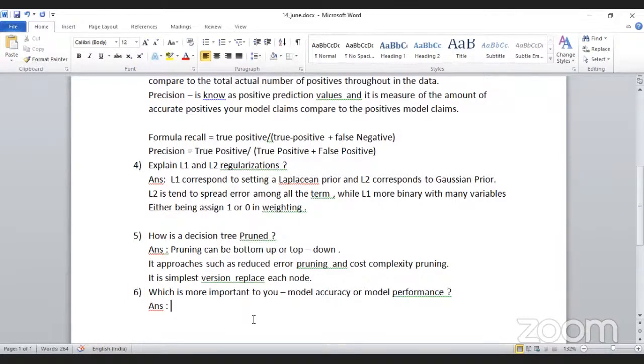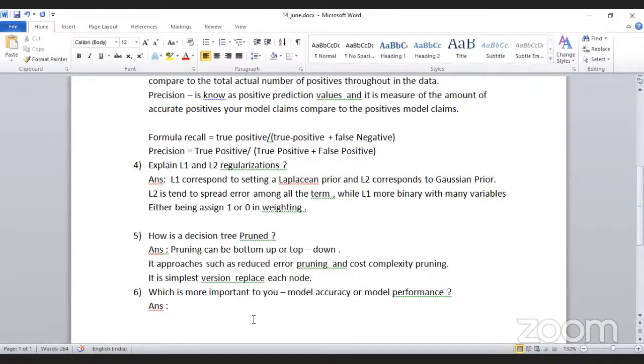For example, if you wanted to detect fraud in a massive data set with a sample of millions, a more accurate model would most likely predict no fraud. Okay, if you have a more accurate model which may have low performance, what will it do? It will predict no fraud at all, since only a vast minority of cases are fraud.